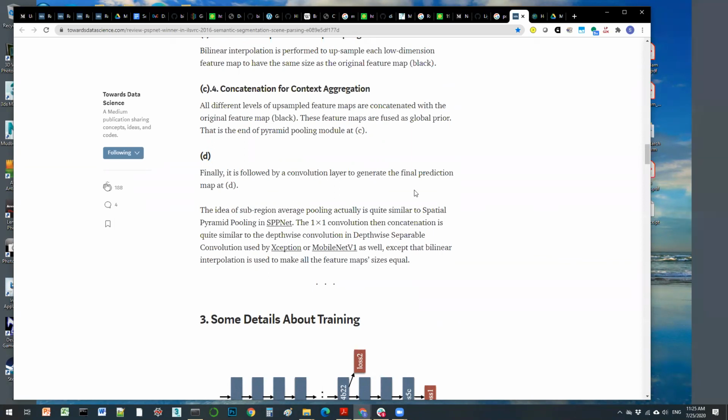So he just does the final convolution back to the original size, because you need to do that to get the per pixel classification. So that corresponds to the final convolution thing we saw here before the final prediction.